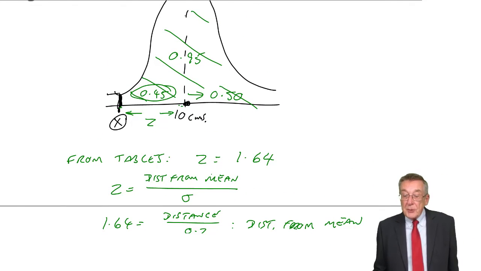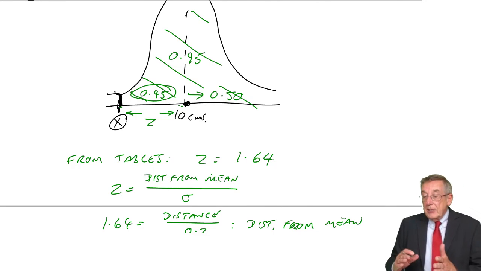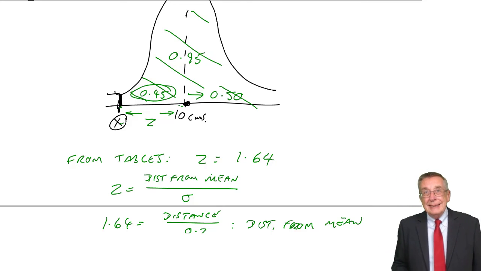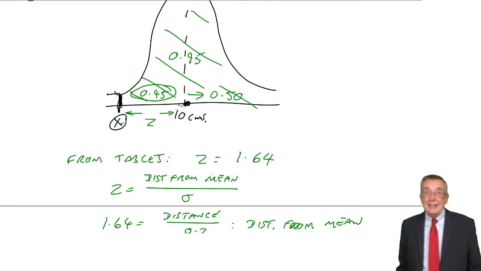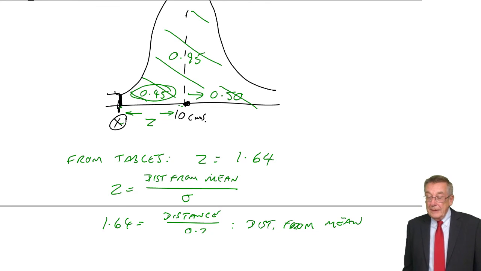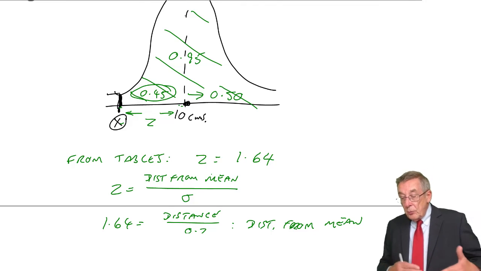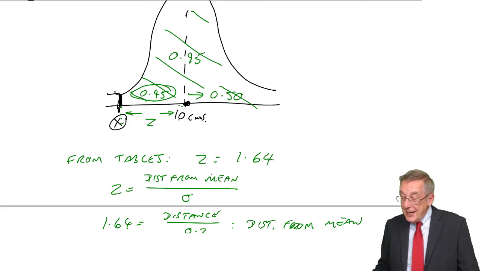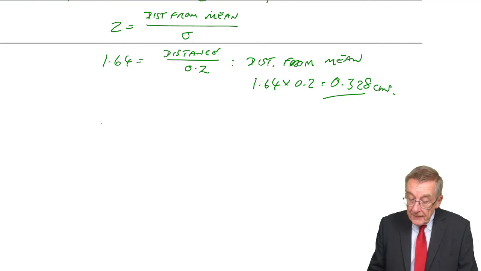We wanted to know what x was. X, remember, is where 95%, 0.95, are bigger than that. And because of symmetry, 0.45 are between x and 10. We got the z-score and worked backwards. The distance between x and 10 must be 0.328 centimetres.